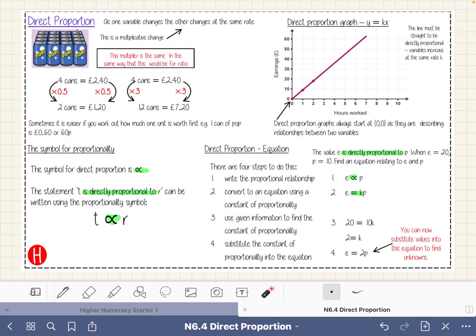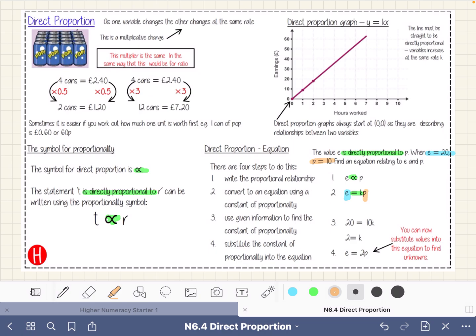Now, in part 3, we are asked to use the given information to find the constant of proportionality. And the next sentence we see, it has told us that E is 20. So E is now 20. And P is 10.